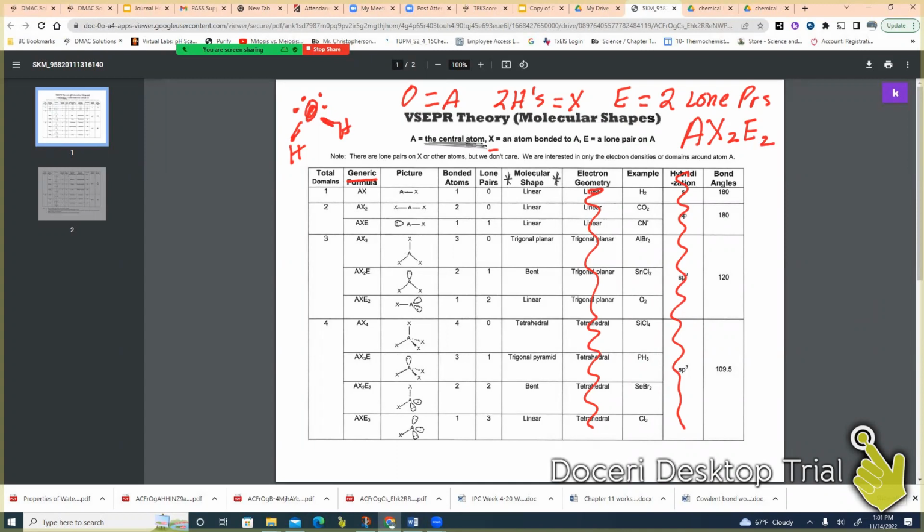And once I got it to that, I could come down here and I could see that it matches up with this one, and then I would come across here and that would tell me that its shape was bent. There are lone pairs around that are on an X, so not on a central atom, but we do not care about those. We are only interested in what is happening around the central atom A.